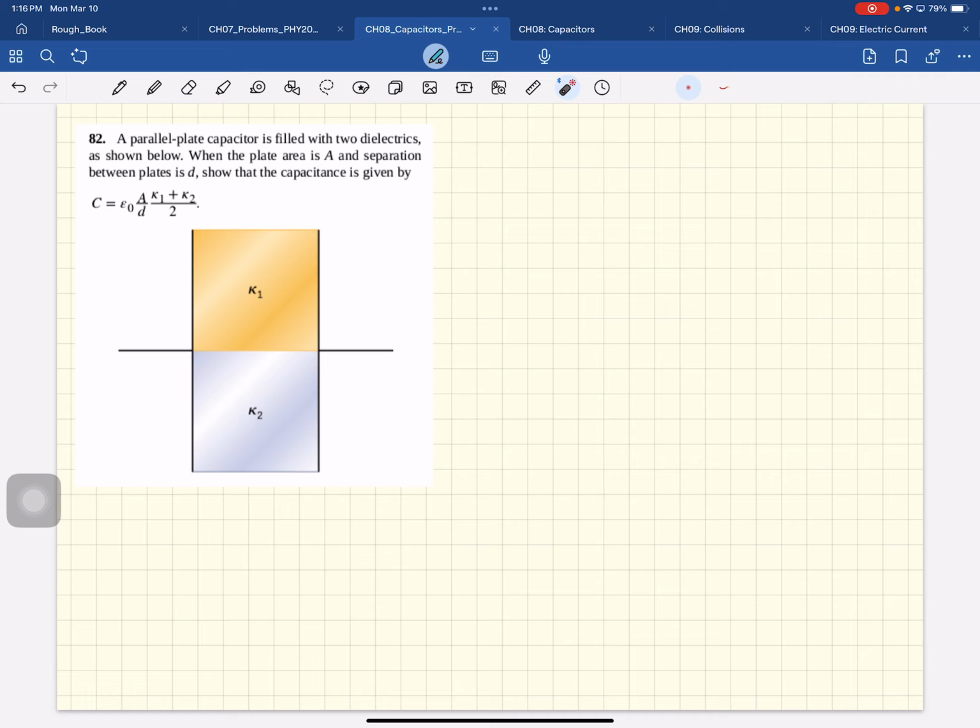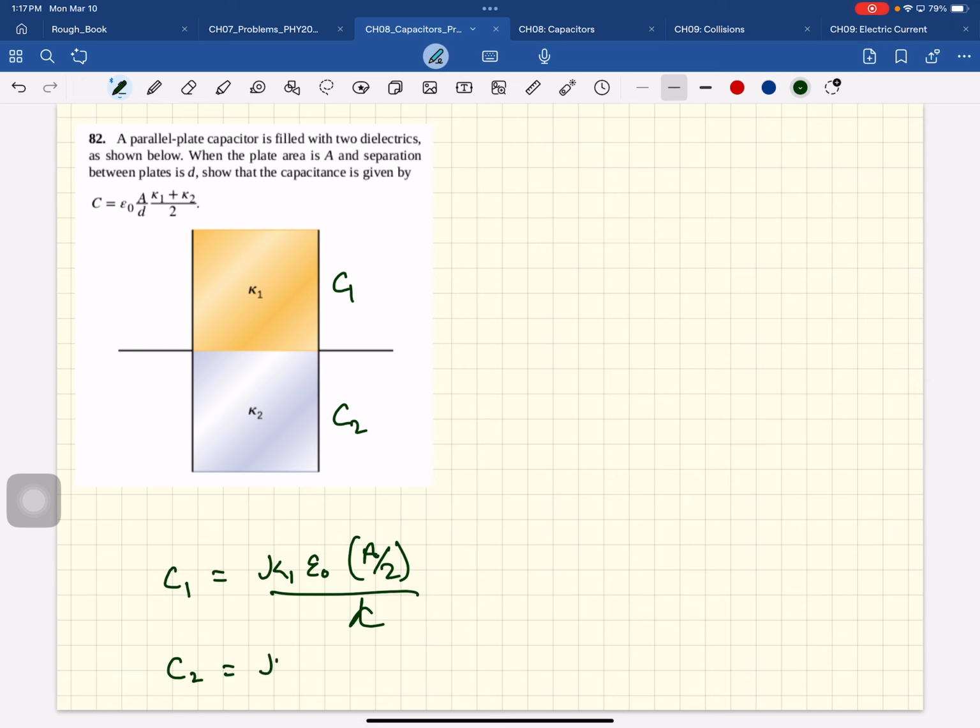Now if you look at these two capacitors, this one is connected in parallel to this one. So let's call them C1 and C2. C1 is kappa 1 epsilon naught, and the area of this plate is half the area, A over 2, and the distance is d. C2 similarly is kappa 2 epsilon naught A over 2 divided by d.